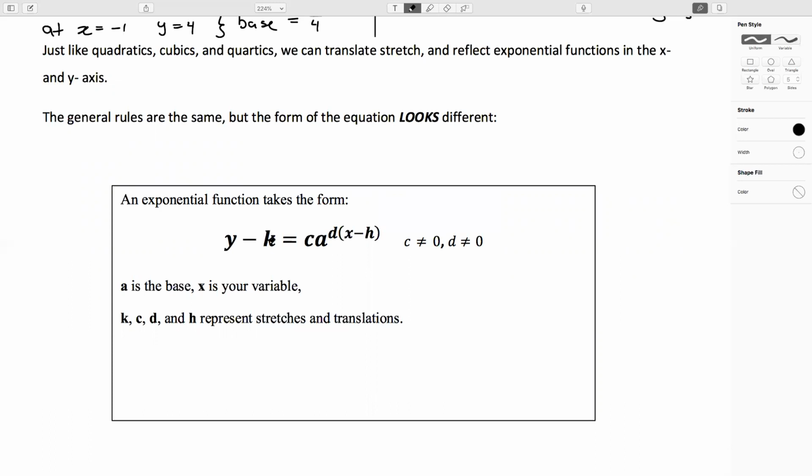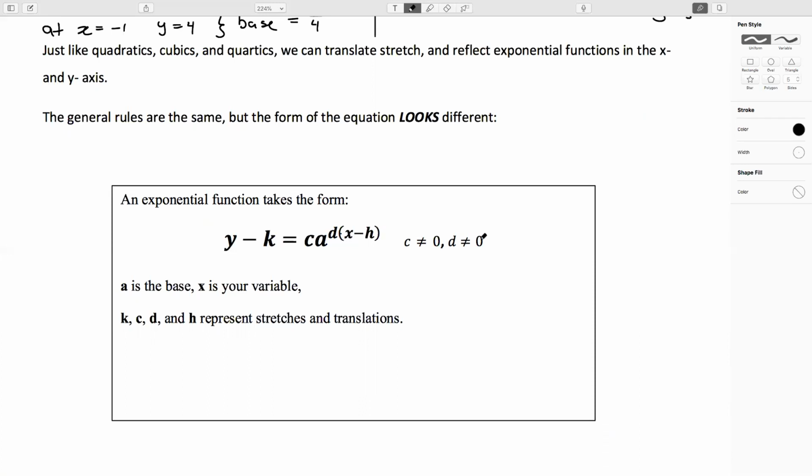Y minus a variable will shift it up and down, just like before. C is going to be a vertical stretch, just like before. And anything in your exponent affects x only. So the things in your exponent are going to be either horizontal compressions, like D, or there'll be horizontal translations, like H. And there's some requirements that you can't have C equals 0 or D equals 0.